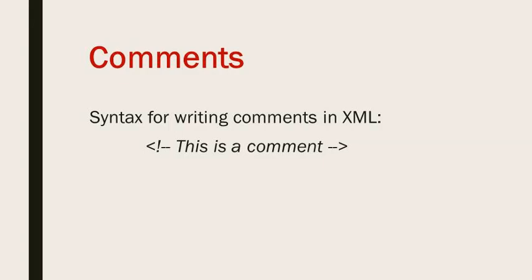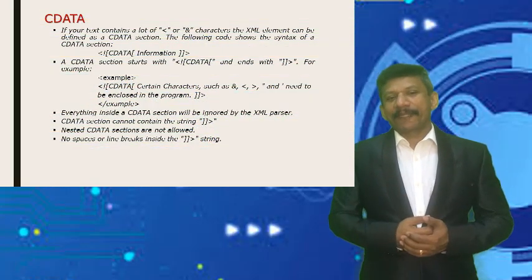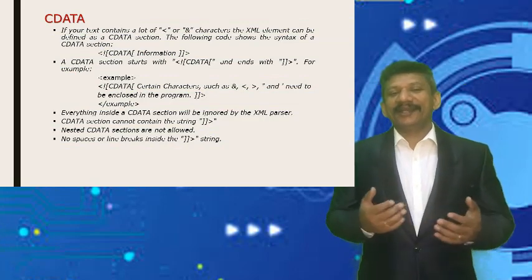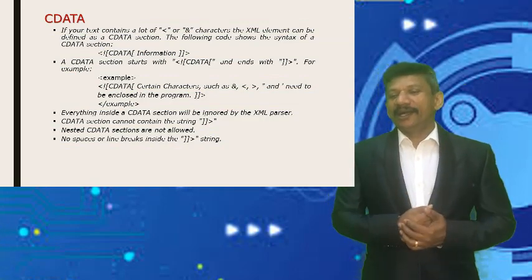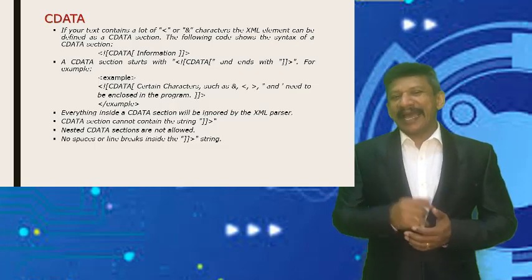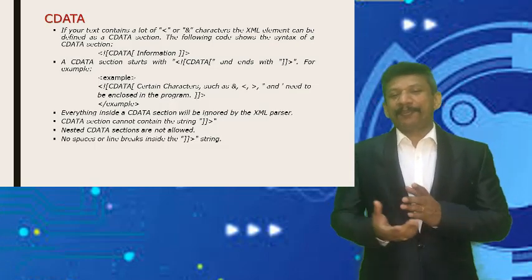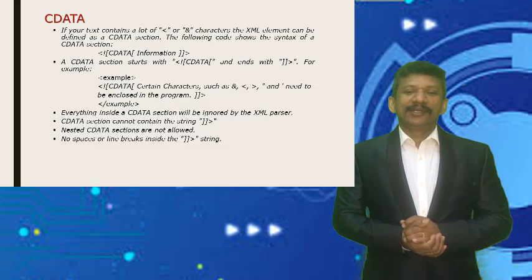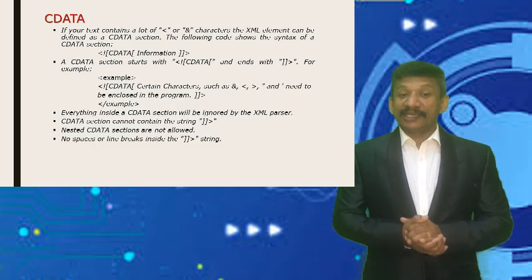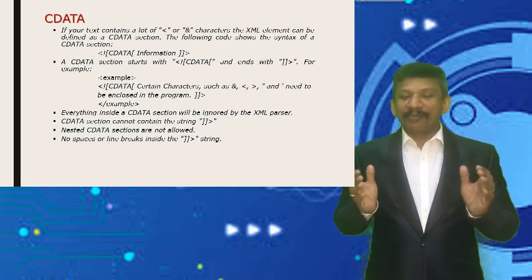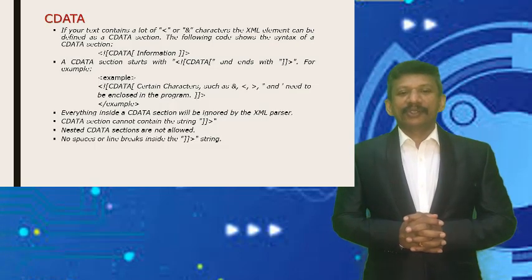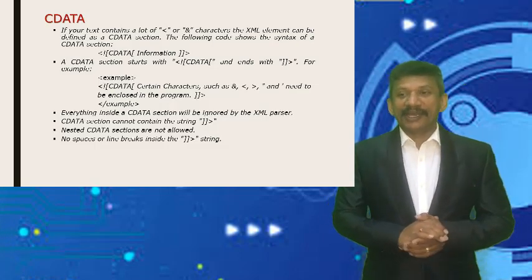Next, we have something called the CDATA section. While storing some data, if the data has plenty of symbols like less than or ampersand, which can create some ambiguity to the parser while parsing the document, we have a CDATA section which can encompass all this information so that the parser knows that this is information not to be parsed.